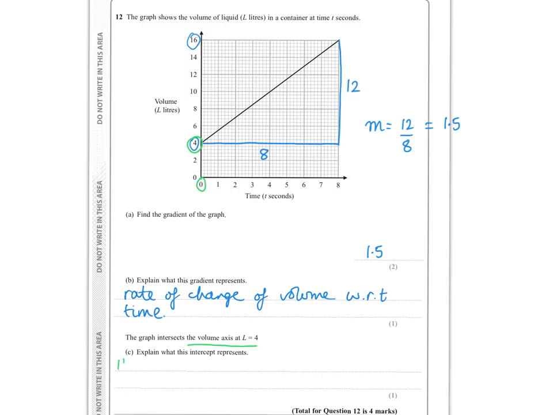So it tells the volume of liquid in the container at the start. And we can write in brackets there, t equals 0.